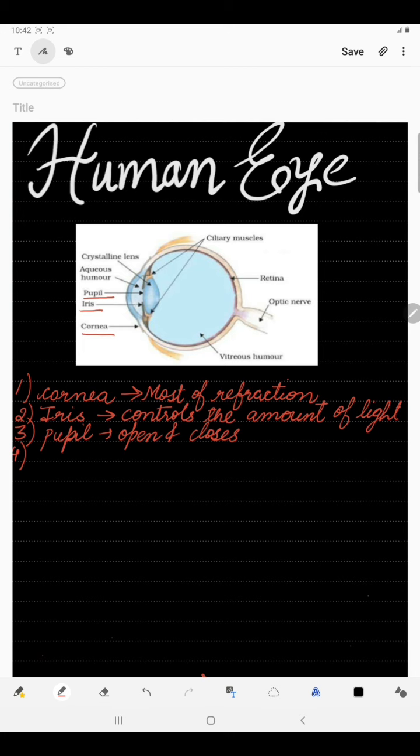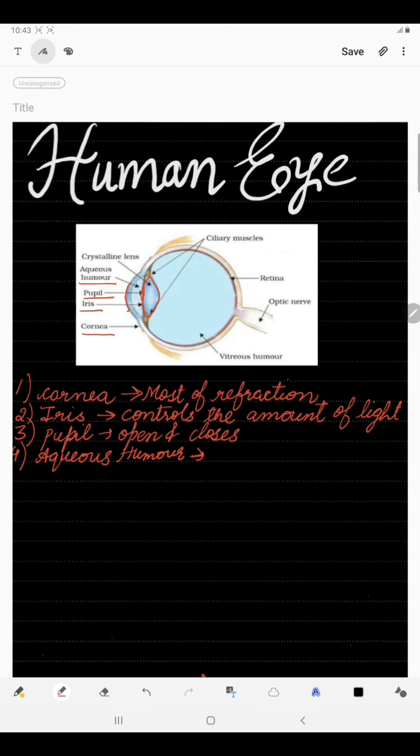Next we have aqueous humor. The space between this cornea and the eye lens. This is the eye lens. The space between the cornea and the eye lens is filled with a watery liquid which is known as aqueous humor.